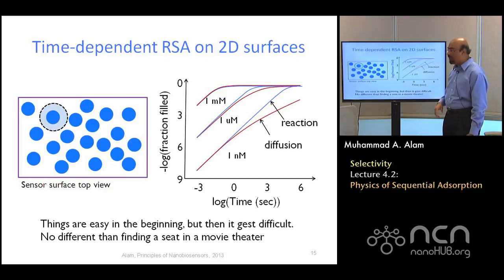If you use 1 micromolar, then the blue line says that it takes quite a bit. And as you lower the concentration of the target molecule in order to lower the price, let's say, of the sensor, you have to incubate more and more. And especially with the diffusion limit, getting to 54% saturation will take a very long time.